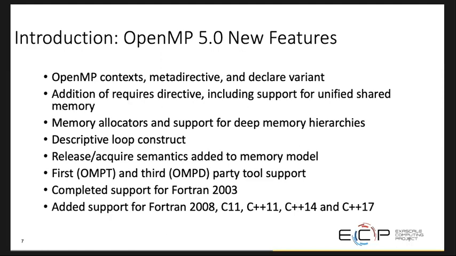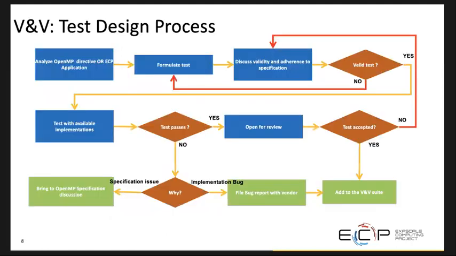So now looking at our validation and verification test suite, I would like to talk about the design process. If we go through the design process, there are three possible positive outcomes. First, we are looking at the specification. We are analyzing the directive or an ECP application. And from there, we will write a test for the directive.